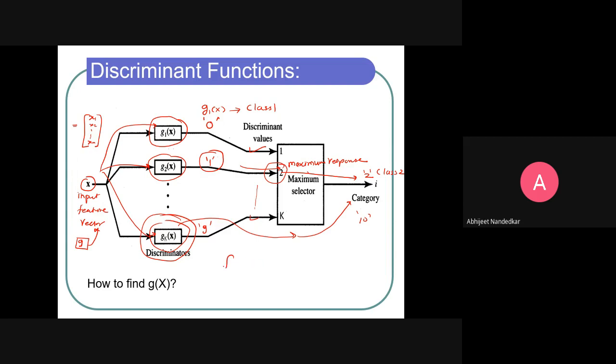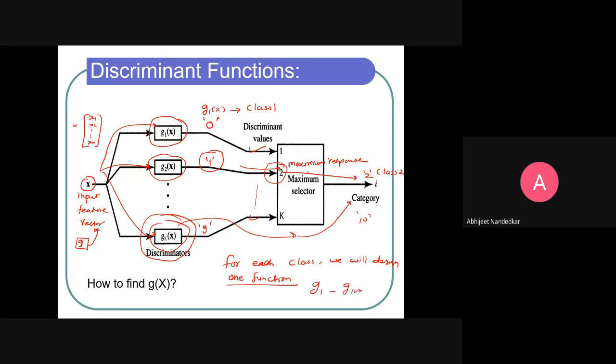For each class, we will design one separate function. Suppose I want to learn 100 classes, then I will have to design g1 to g100, so many functions, each responsible for one category.